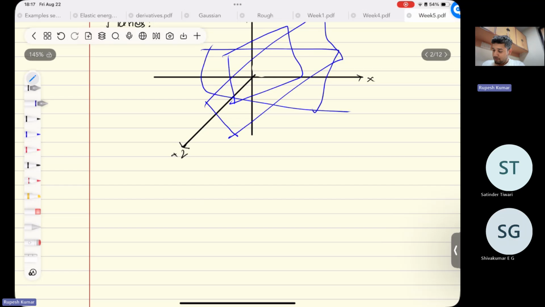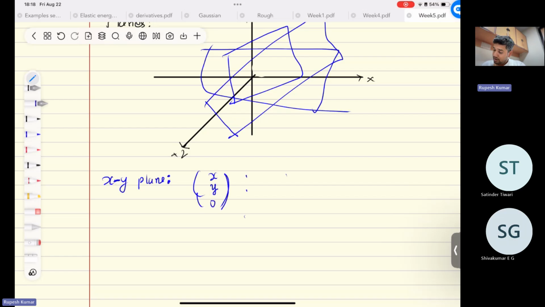Let's take a basic example of the XY plane. First, let's start with the XY plane. Any vector in the XY plane can be represented as x, y, 0.